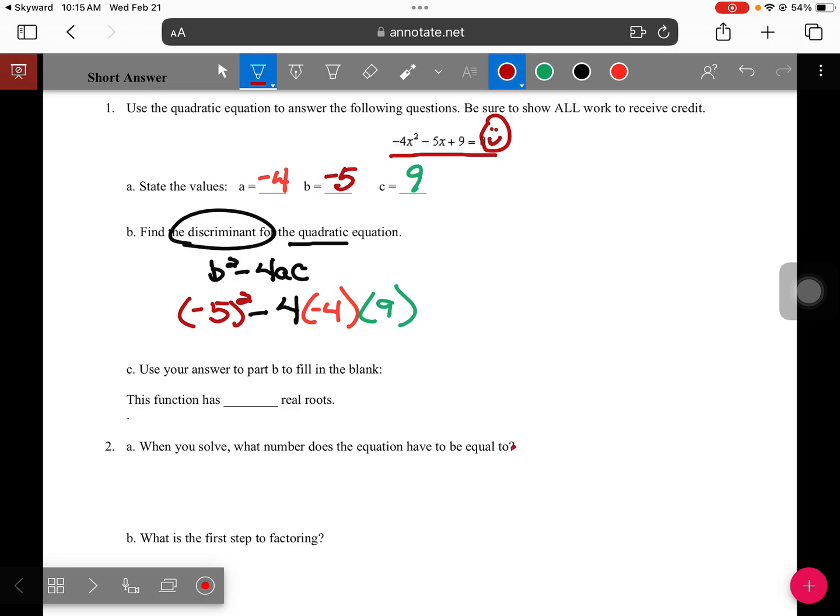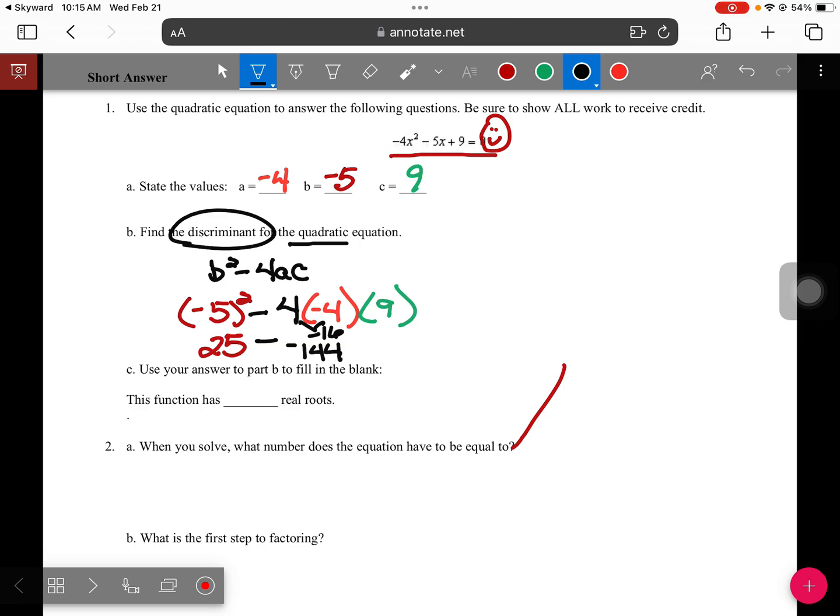-5 squared is how much? What is it? 25 minus, what's 4 times -4? -16, and -16 times 9 is -144.